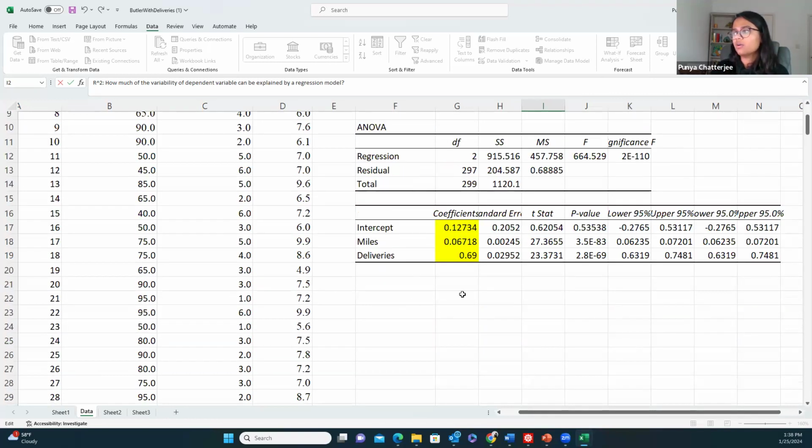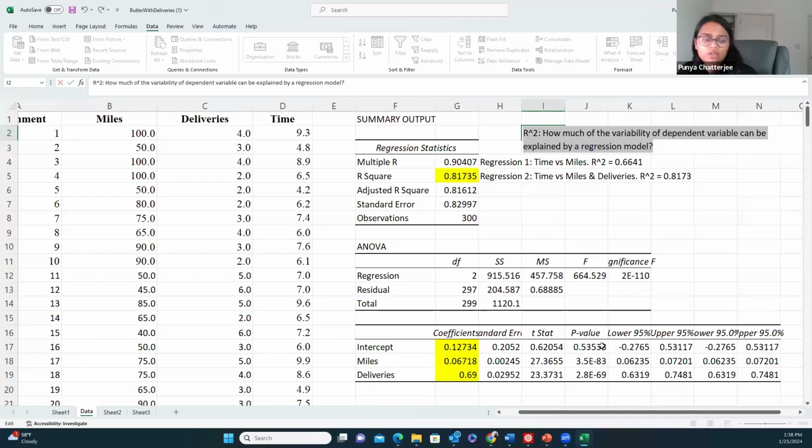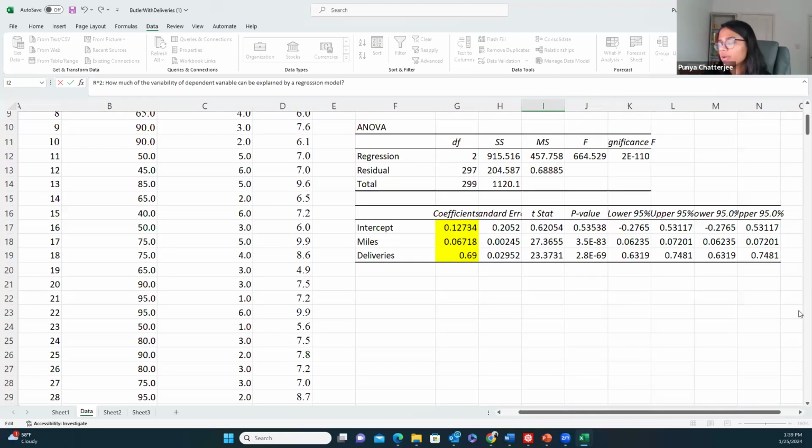Okay. So one thing, if you notice that when we did regression with a scatter plot, then we already had the regression equation written down, right? But right now we don't have it. So we have to write down our own regression equation, right? And the way we will write down the regression equations is using these coefficients.